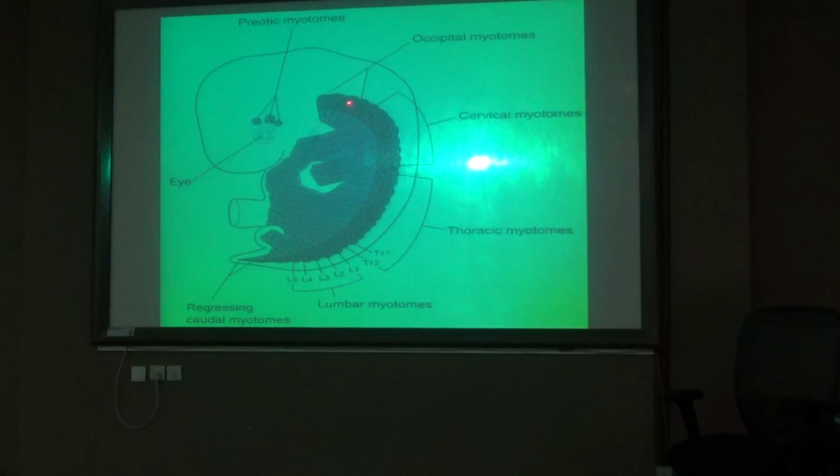You can see these muscles from the myotomes. This is the somite region, right? These muscles from the myotomes are traveling, but they are taking their nerve roots with them. Head region, neck region, thoracic region, lumbar region. If you understand this picture, I don't need to explain anything before.